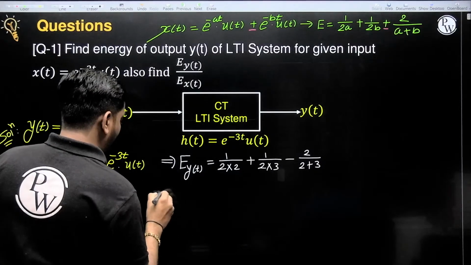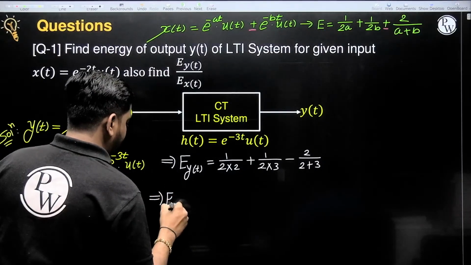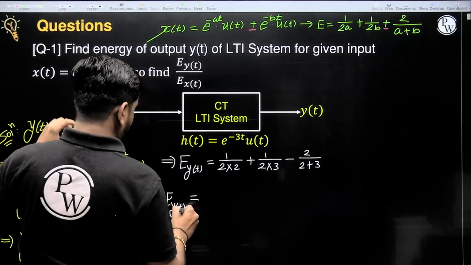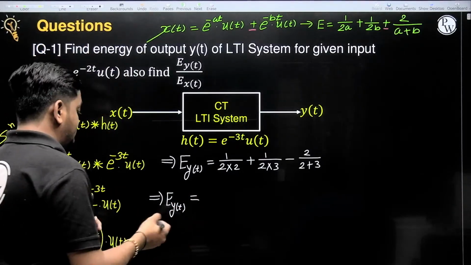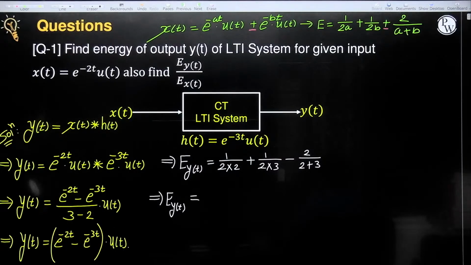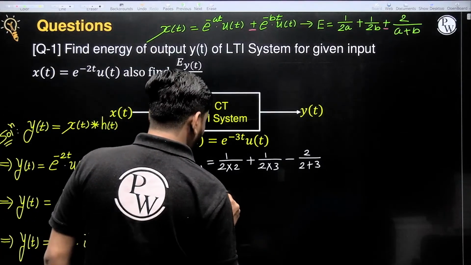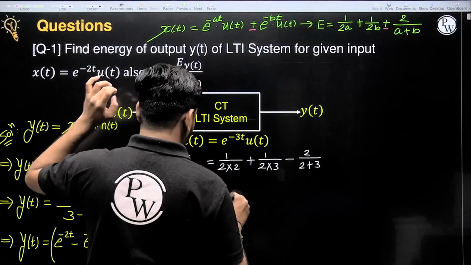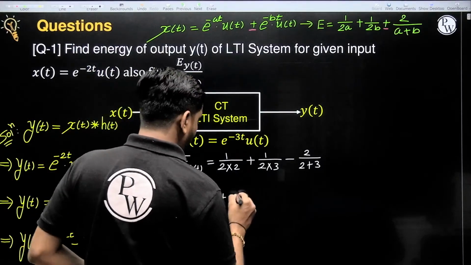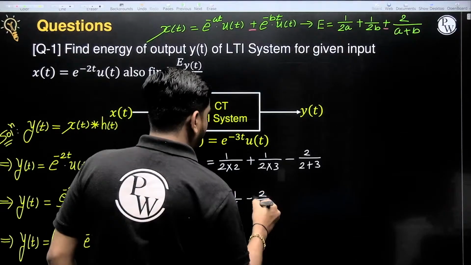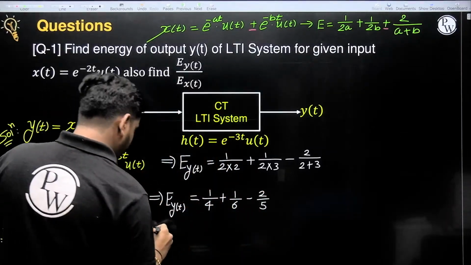So tell me, what is the energy of the output signal? So here 1 by 4 plus 1 by 6 minus 2 upon 5. So take the LCM.